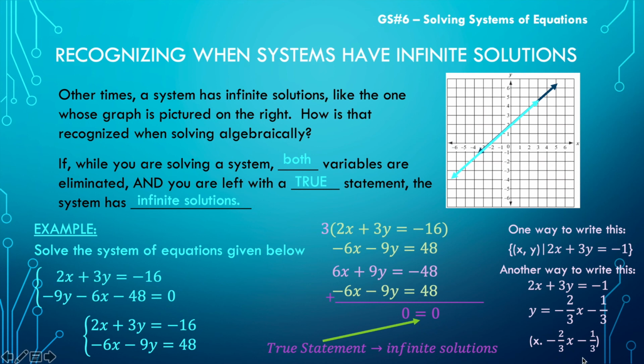And that, again, is saying for every x that I sub in, I can get a y out that will satisfy this system. So that's how you recognize systems with no solution or infinite solutions.